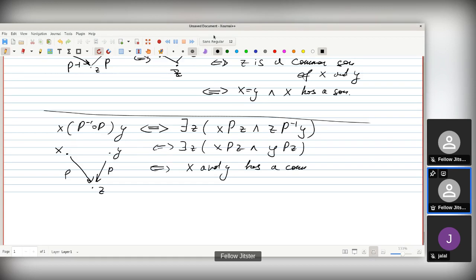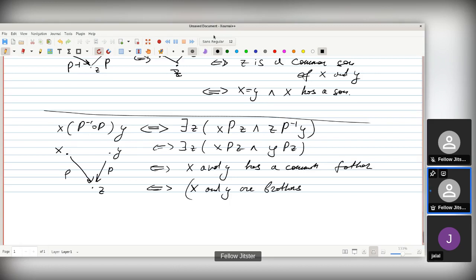What does it mean, when X and Y have a common father? They are brothers. It is not the only option. What is another option?